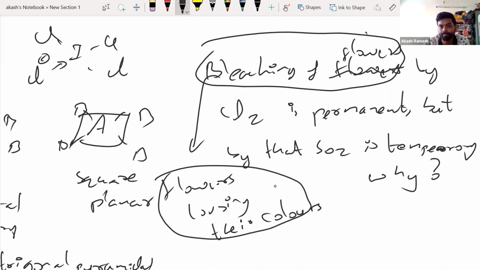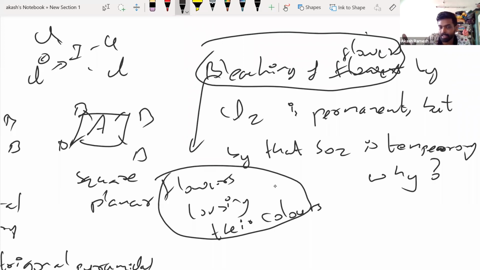Okay, so your answer is right, but it is not complete. So if SO2 reduces, after that, what can happen?